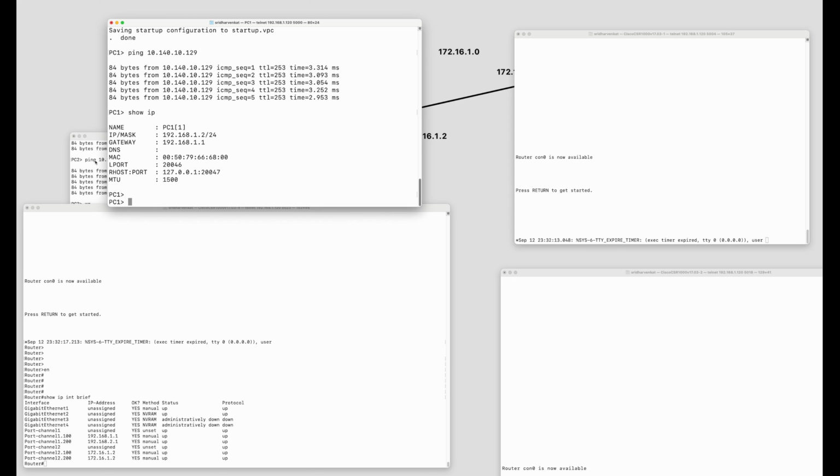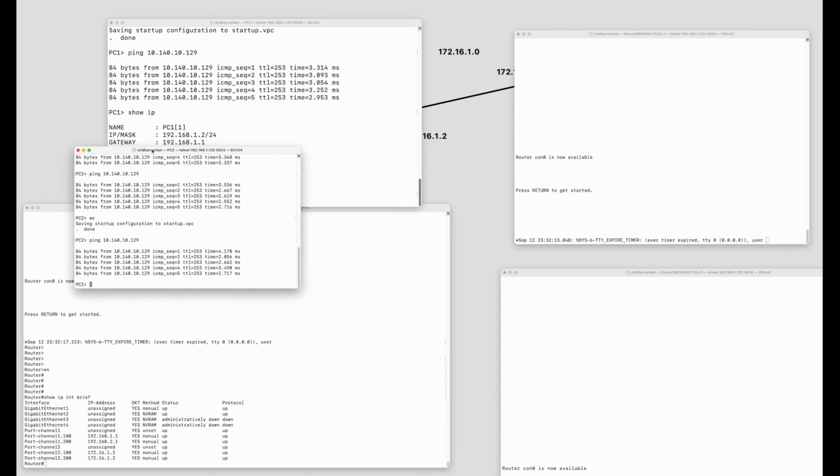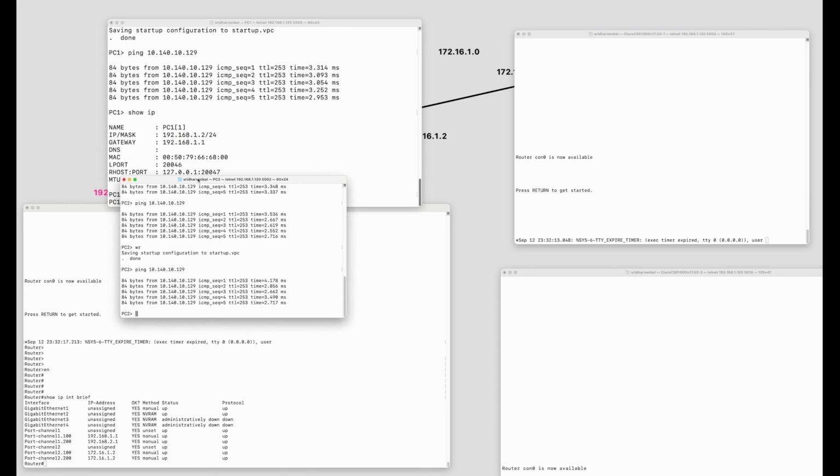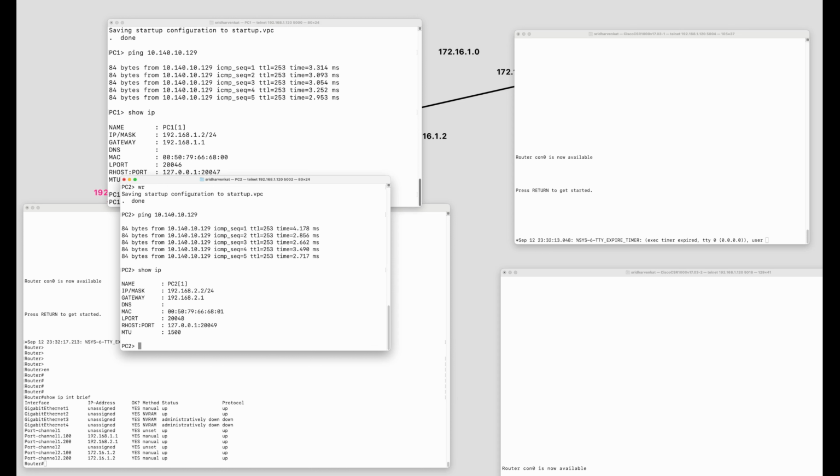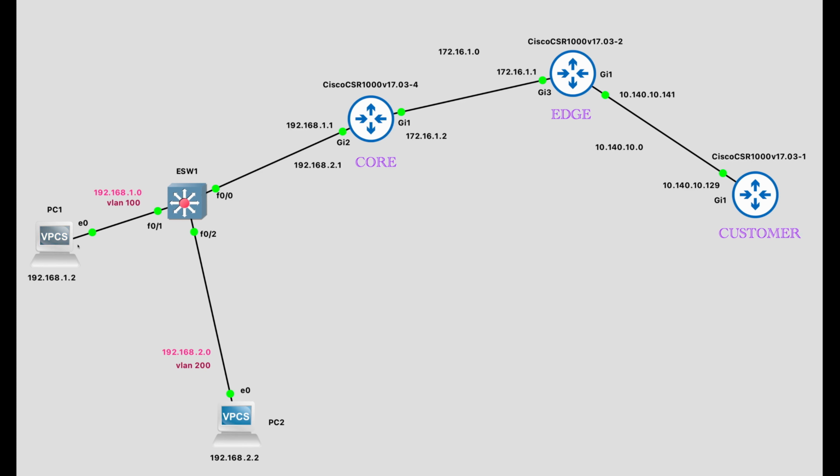And similarly, the other PC connected to the other VLAN is 192.168.2.2 and its gateway is 2.1. So these two different VLANs have their gateways in the core router, which we will see in a moment.